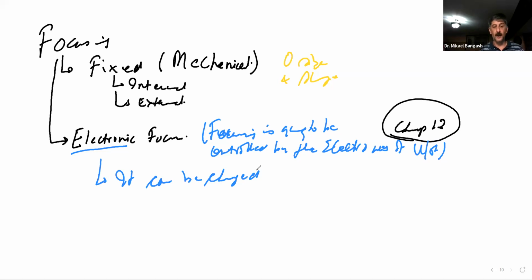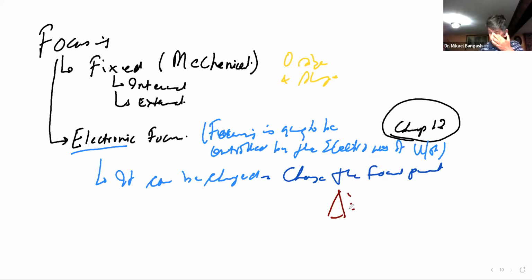Which mainly means that just because a transducer is made in the way that it is made doesn't mean it only will be focused at one point. So we can actually change the focal depth or focal point from 1 centimeter to any other depth. Is that clear?